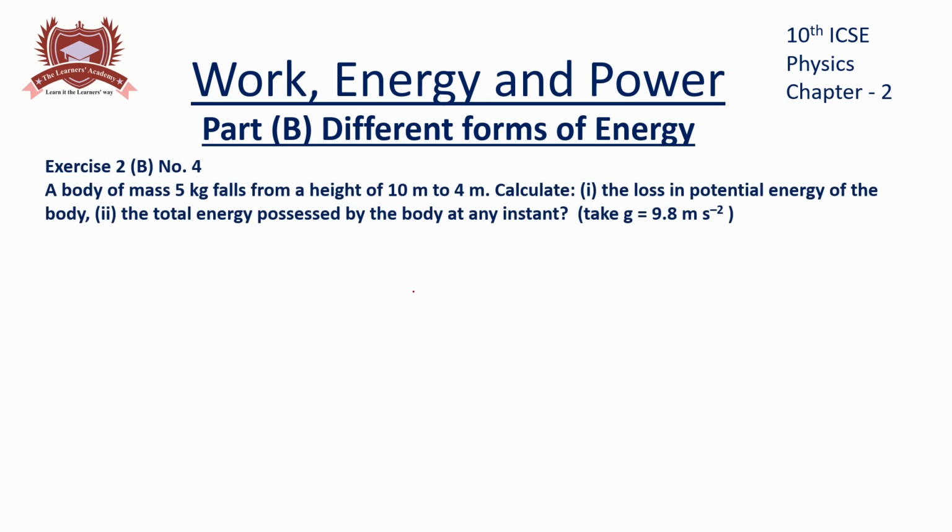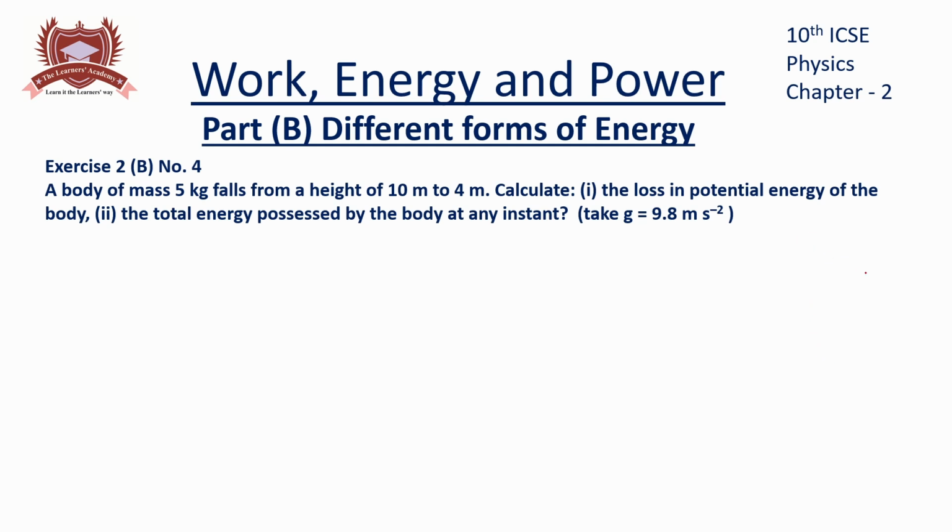The next example is example number 4, which is telling us that a body of mass 5 kilogram falls from a height of 10 meters to 4 meters. Now here, in the previous case, you were taking the body from point A to point B, it was raised in height. In the current scenario we are taking it the other way around.